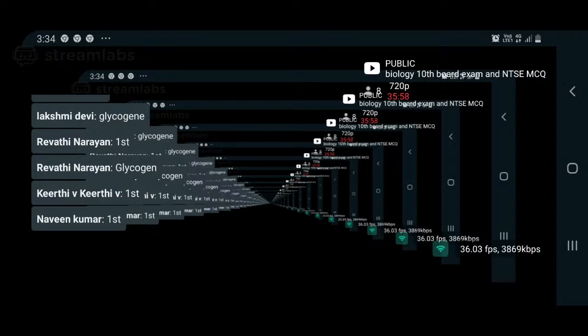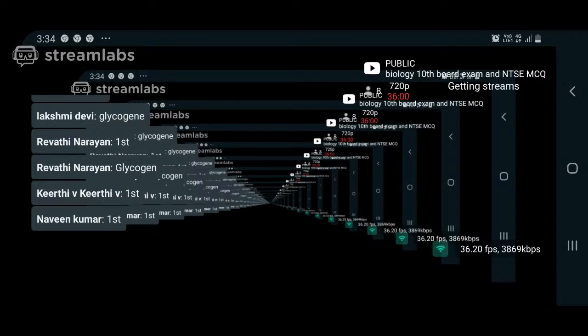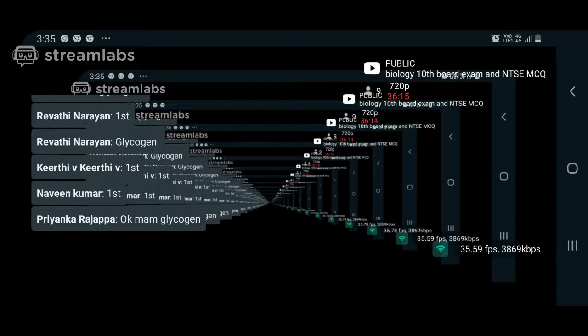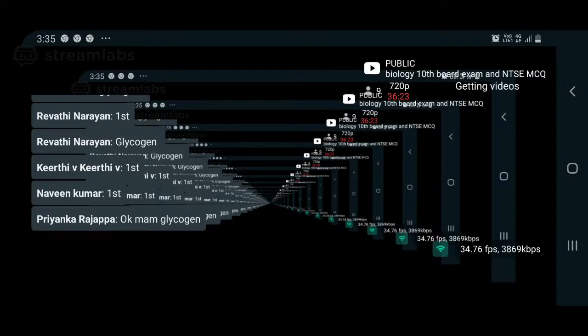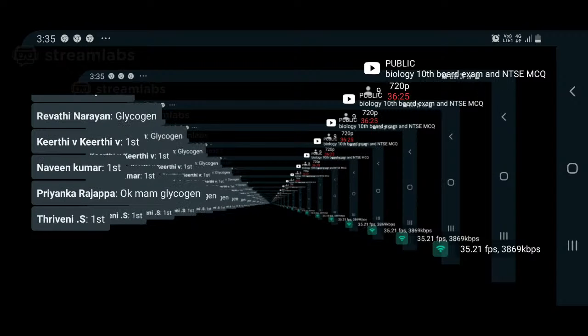Glucagon converts excess glucose into glycogen. Here, the stored form is glycogen. Don't get confused. Glucose is the carbohydrate that converts into glycogen. Now I hope everybody understood. Now everybody is answering correctly. Okay, if it is clear, we'll move on to the next.